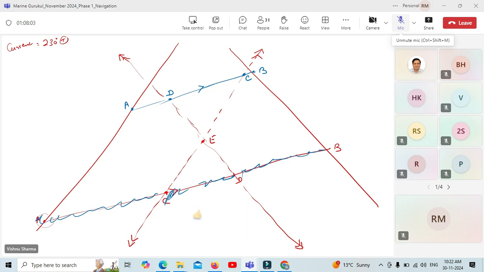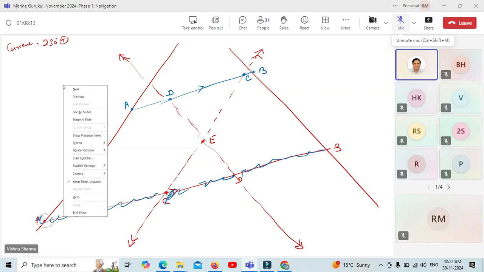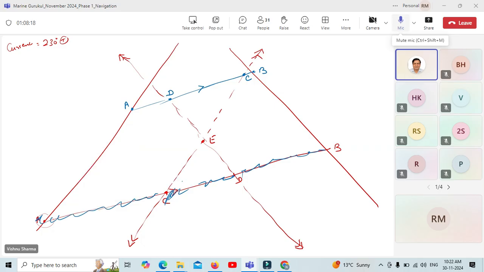Yes, sir. Okay. Now, if you draw 230 from C, will it cut the third transferred PL? Now look at the plot. If I draw 230 through C, is it going to cut the third transferred PL? Yes. Because if I draw 230 from here, it will come and cut the third PL here.